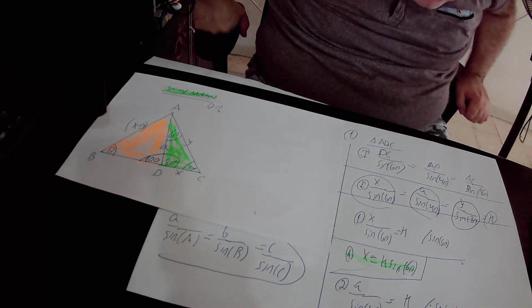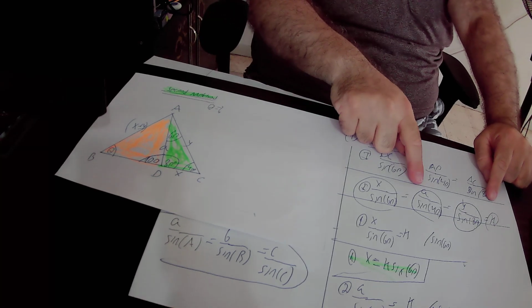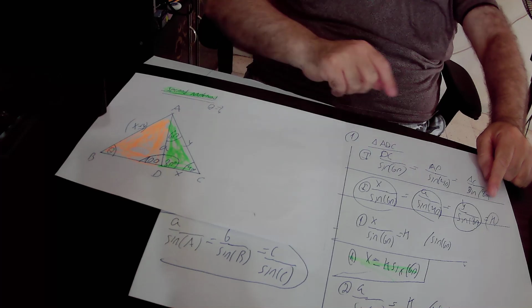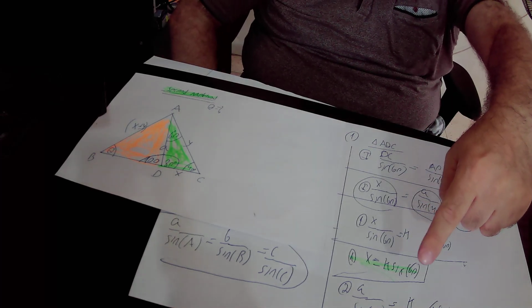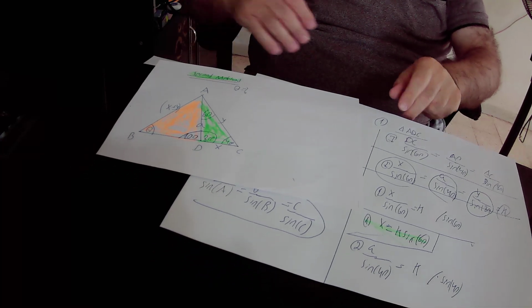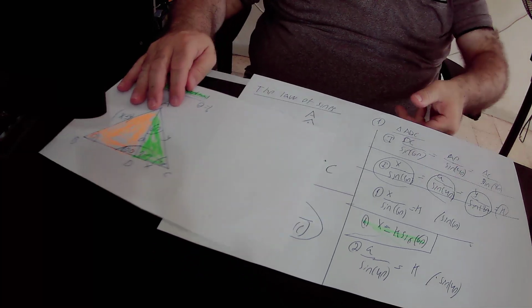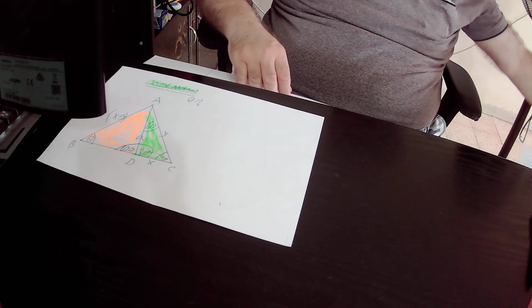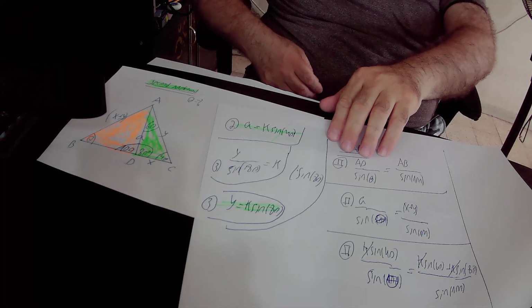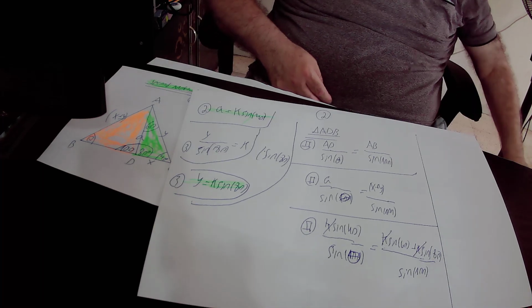Then we derive the second equation from this long equation. Those two expressions are also equal to each other. That is to say, A over sine 40 degrees equals K. So here we multiply this equation by sine 40 degrees and found out that A equals K times sine 40 degrees.